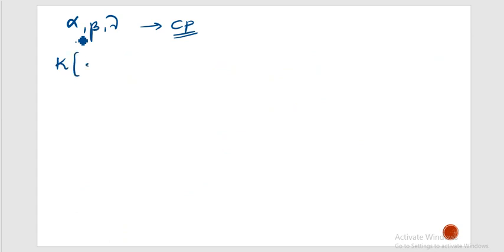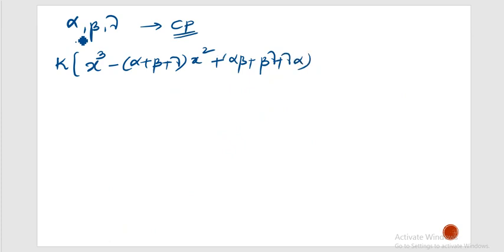So k times of x cube minus (alpha plus beta plus gamma) into x square plus (alpha beta plus beta gamma plus gamma alpha) into x minus alpha beta gamma.